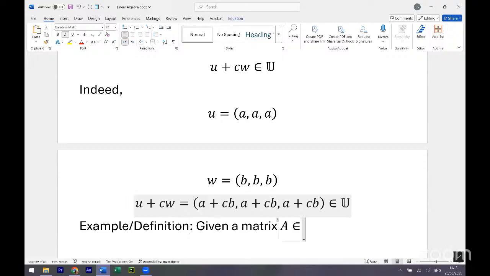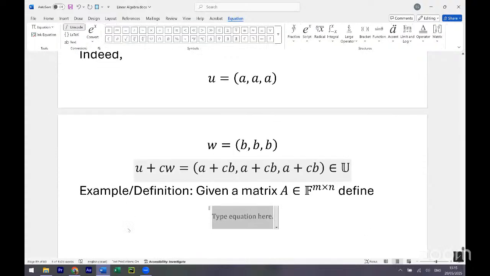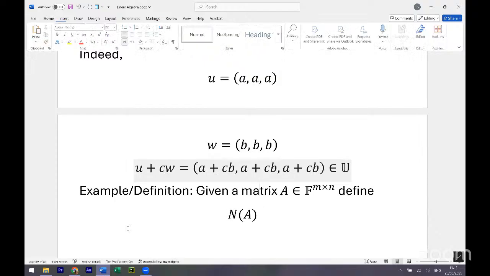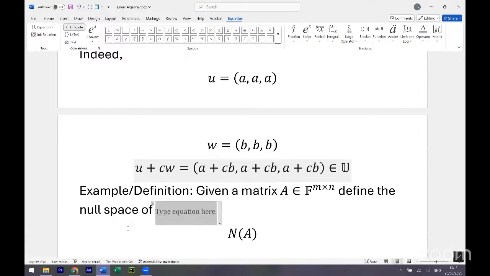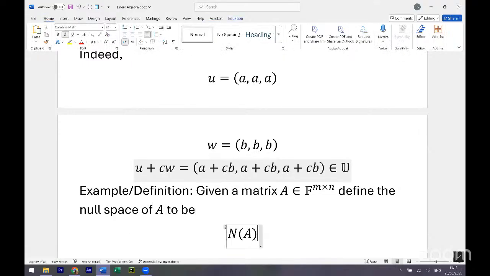Okay, so given a matrix A, which is of size M times N, define the null space of A to be all of the vectors from Fn such that A times V equals 0.